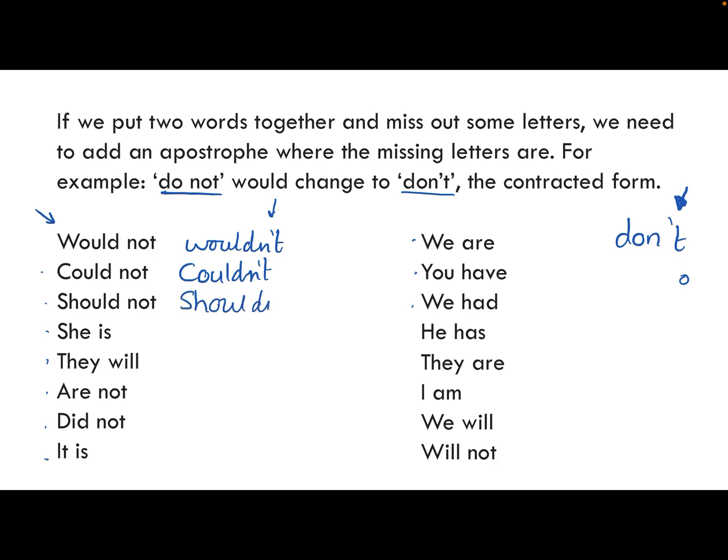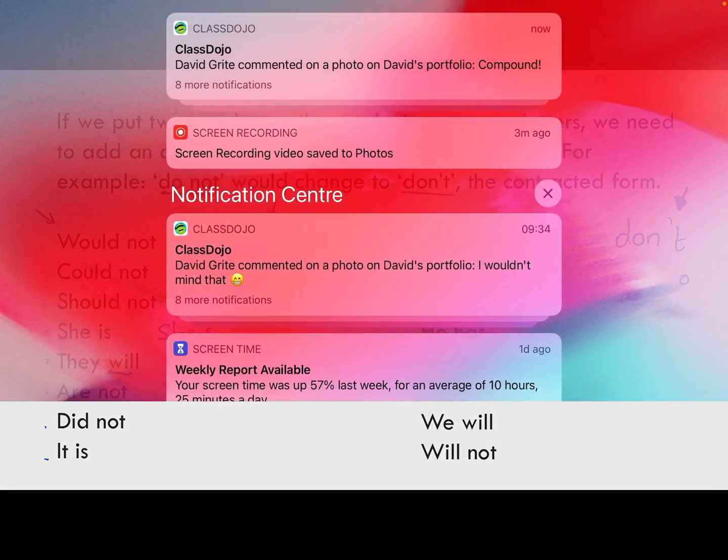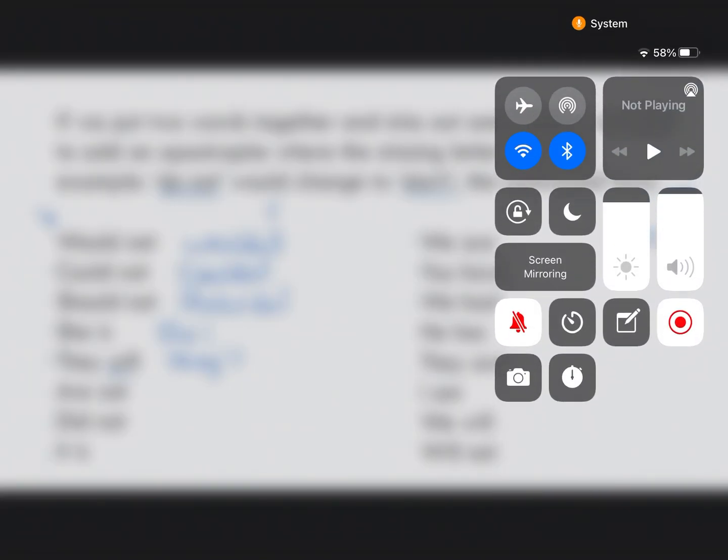Should not, shouldn't. She is becomes she's. They will, they'll. You'll notice 2 letters have missed here, yet we still only use one.